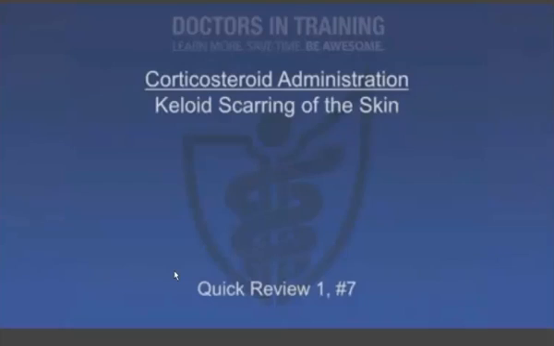Number 7, how would corticosteroids be administered for each of the following diseases? So I have this question in here just to reiterate that the way a medication is given is very important. One particular medication can be given lots of different ways to treat lots of different diseases. Steroids in particular is one of those medications. So keloid scarring of the skin, this is where you have a lot of collagen deposition, typically in the upper chest, face, earlobes is a common location.